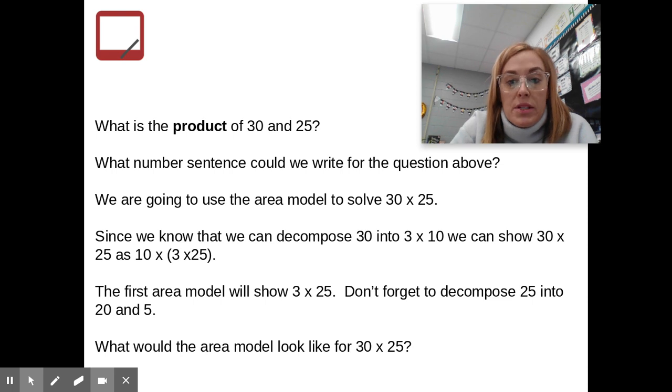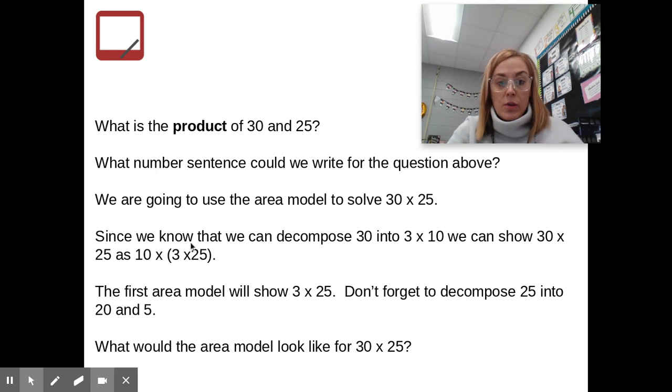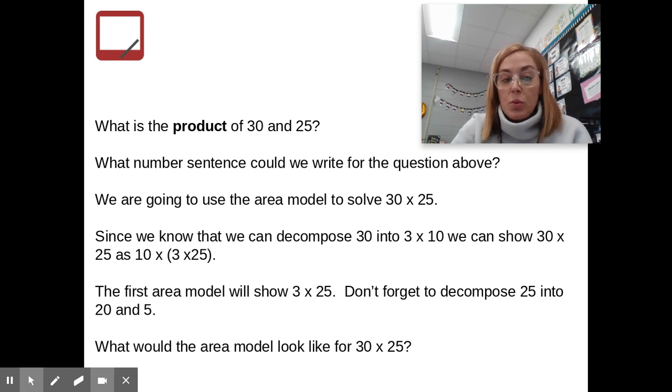So what number sentence would I write above for the question? Hopefully, you know that we're going to write 30 times 25. And we're going to be using an area model to solve this. Since we've learned through the associative property that we can decompose 30 into 3 times 10, we can show 30 times 25 as 10 times 3 times 25, right?